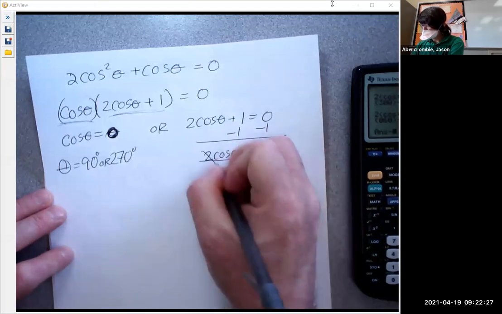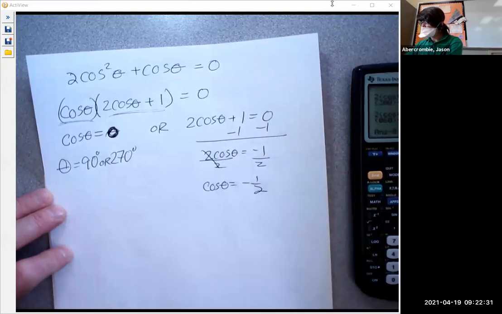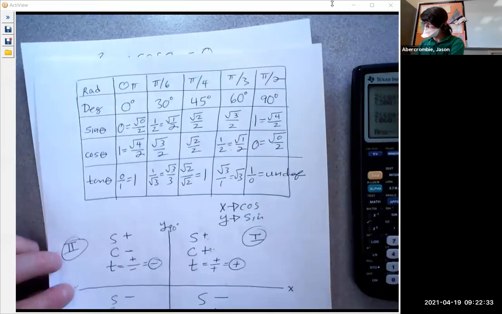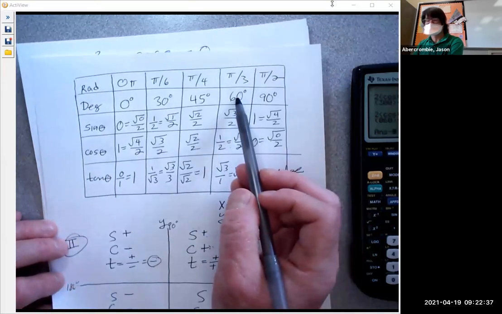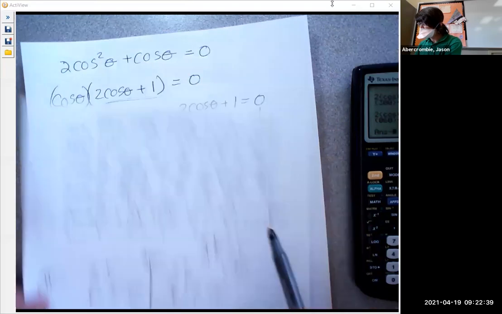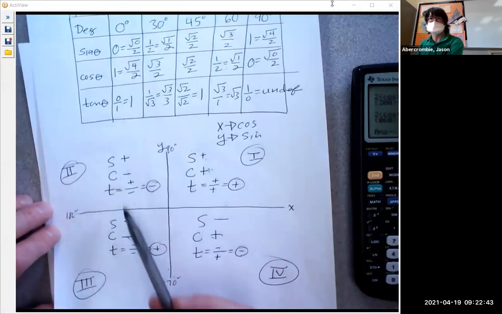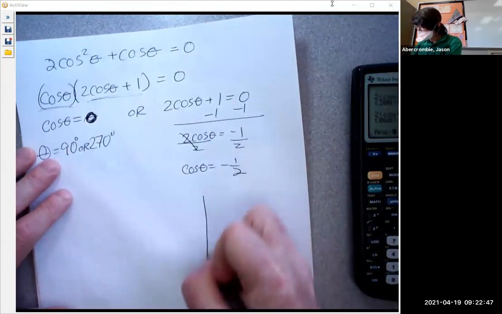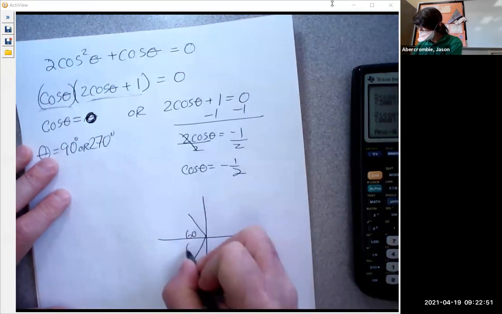Divide by 2. So cosine is negative 1/2. 1/2 is one of my special angles. Here's cosine, here's 1/2. My reference angle is 60. It was a negative, so that's going to happen in the second quadrant or the third quadrant, because that's where cosine is negative. So we're going to draw a 60 reference angle in Q2 and Q3.